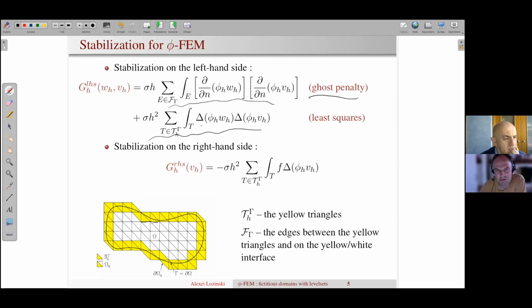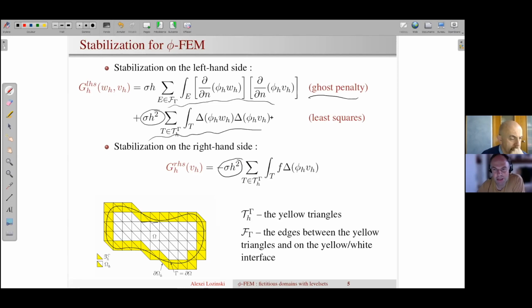So essentially we reimpose the equation. The equation is minus delta u equal to f. Our u is phi times w. So we reimpose it in a least squares way only on these cut cells, with some appropriate pre-multiplier factor.